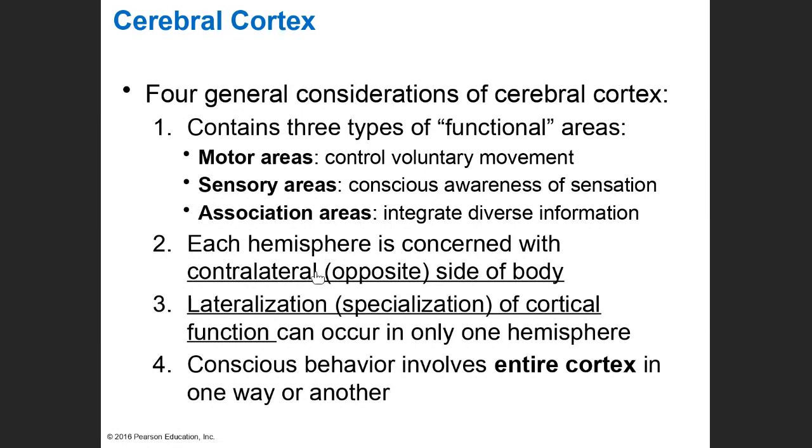So we have this sort of contralateral control. Lateralization or specialization of cortical function: what this is referring to is that, for example, the right side of the brain or the right cortex has special functions that are different from the left side, and vice versa.